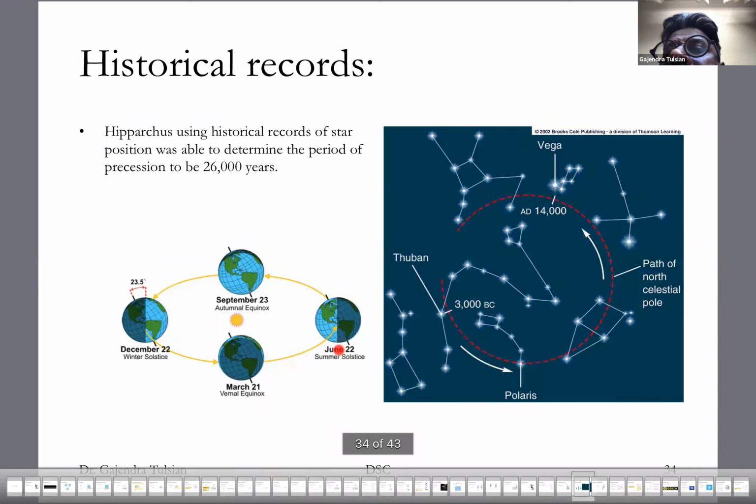In December, the northern hemisphere is tilted away and doesn't get as much sunlight, so it's winter for the northern hemisphere and summer for the southern hemisphere. Since the Earth's axis precesses, if you come back 13,000 years from now, the axis will be pointing in that direction in June. So it'll be winter in June for northern hemisphere people in 13,000 years. That's one of the effects of this.